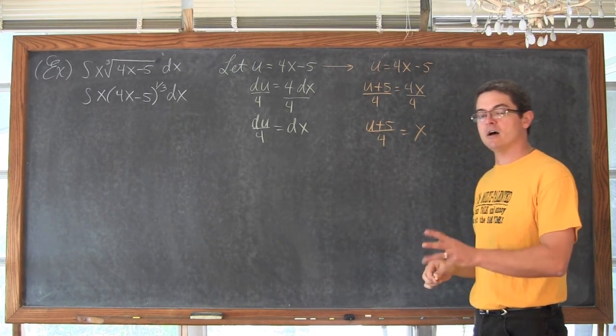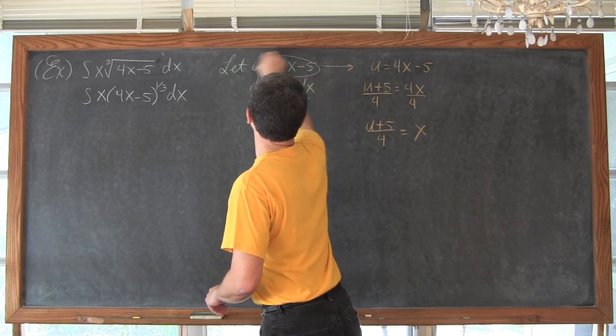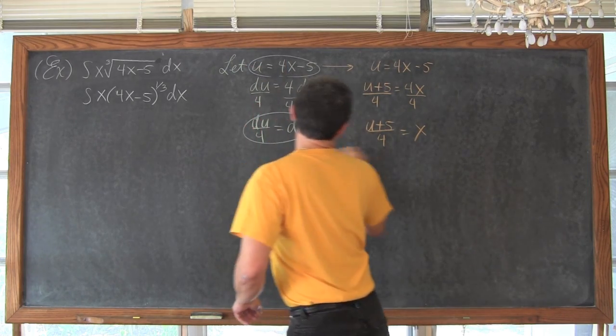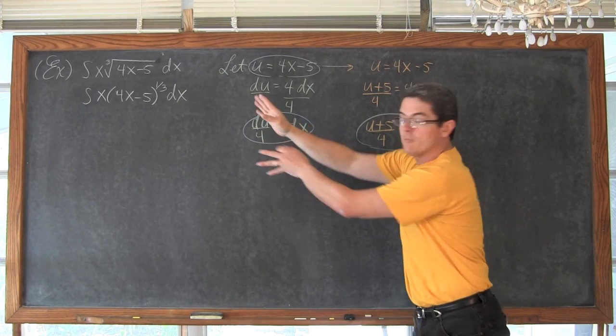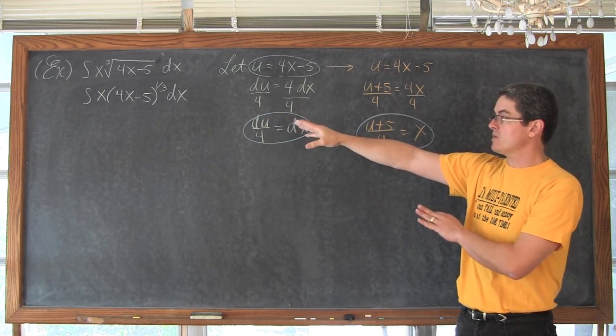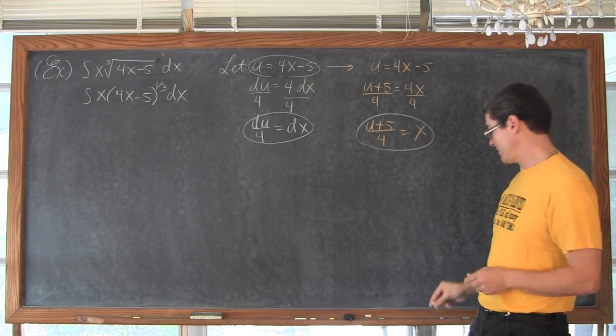Okay, so now I've got 3 equations that we can use, 1, 2, and 3, that we can go back and substitute with this original problem over here and remove all those references to x, and then we'll be ready to go.